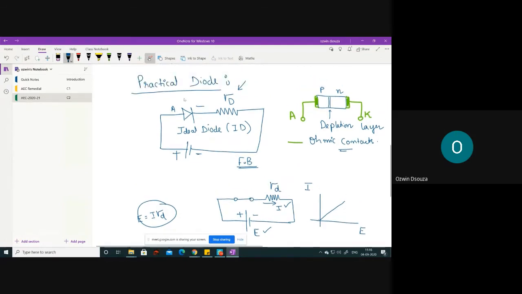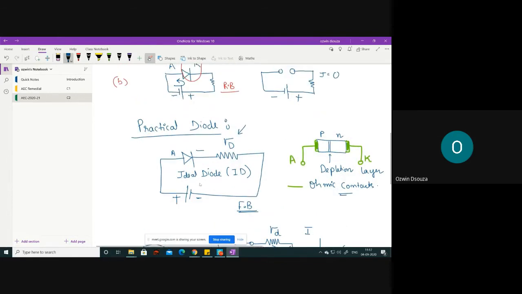Now, with this equivalent model, do you think this equivalent model is correct? Or will we have to introduce some concept into our circuit? What we said, when the diode is forward biased, it simply conducts.